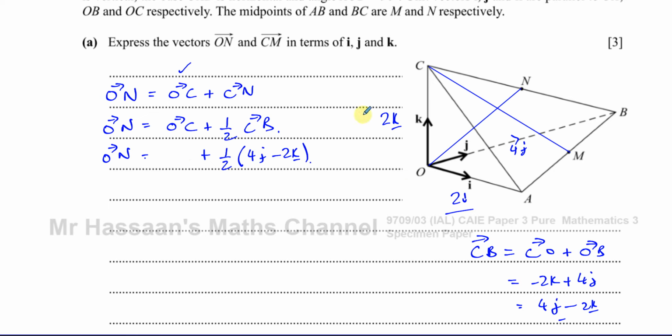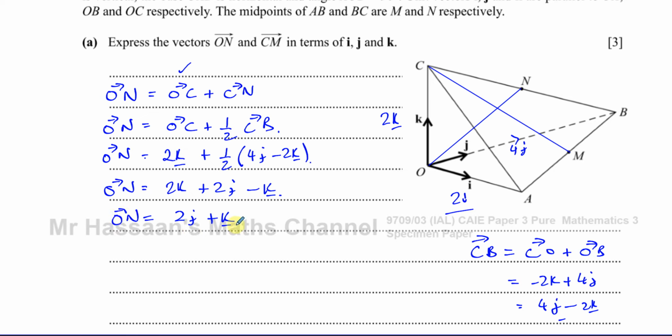It's 2K, sorry. O to C is 2K. So 2K plus a half of 4J minus 2K. Let's simplify this. So O to N is going to be 2K plus 2J minus 1K. So you end up with 2J plus K. That's the vector from O to N.